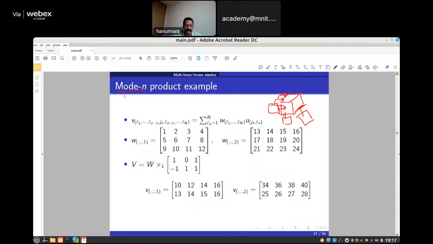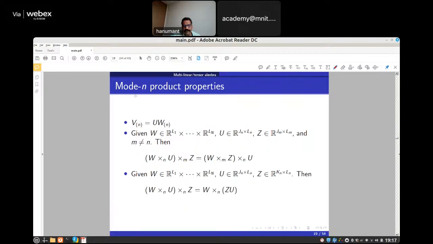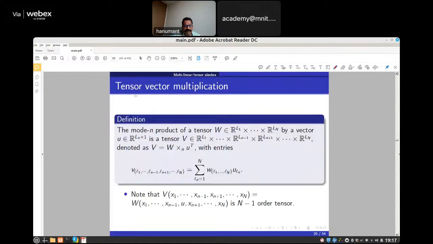That's why this is called the mode n product. Instead of the math point of view, just remember that it is needed for a special purpose, which is called projections. Similarly, we can define tensor and vector multiplications.